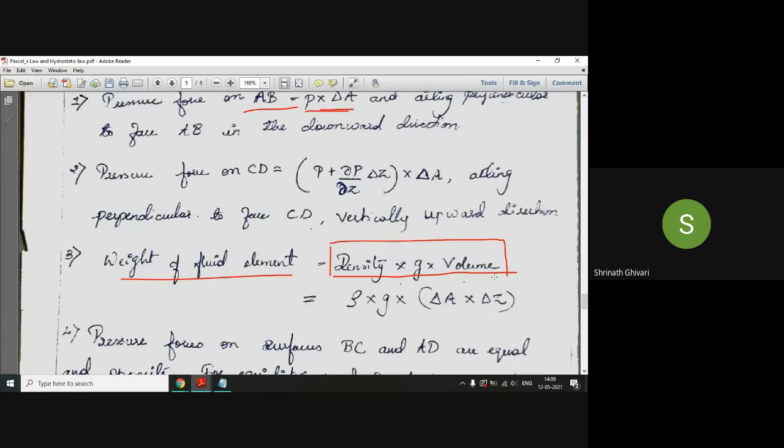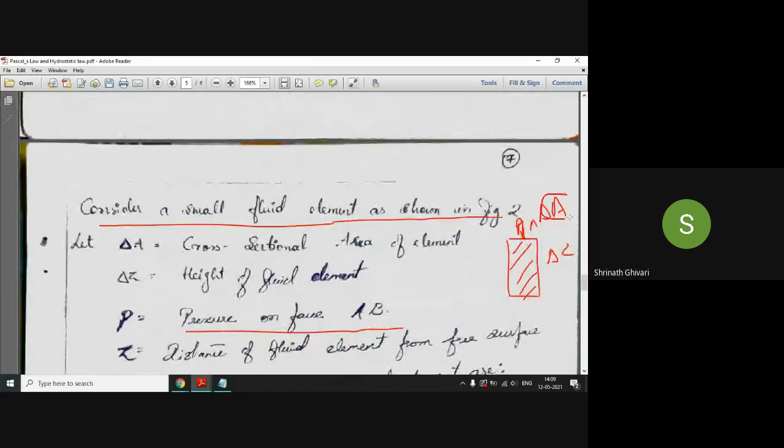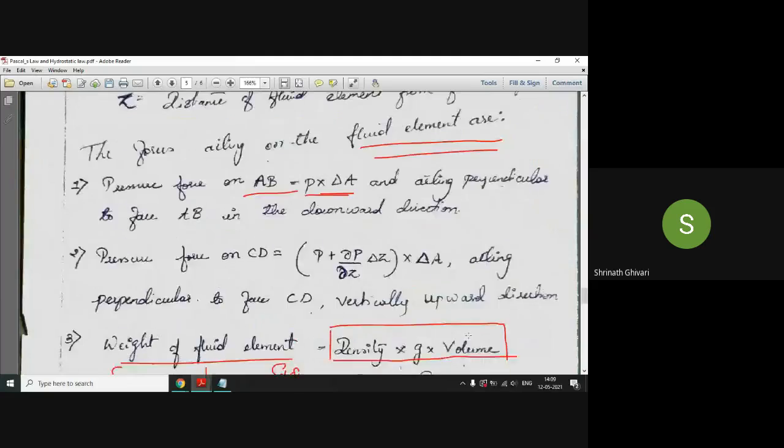Specific weight. What is specific weight? Weight by volume. So weight by volume is rho into g. So W equals rho g into V. What is V of the fluid element? Volume of the fluid element will be area into the height, delta Z.